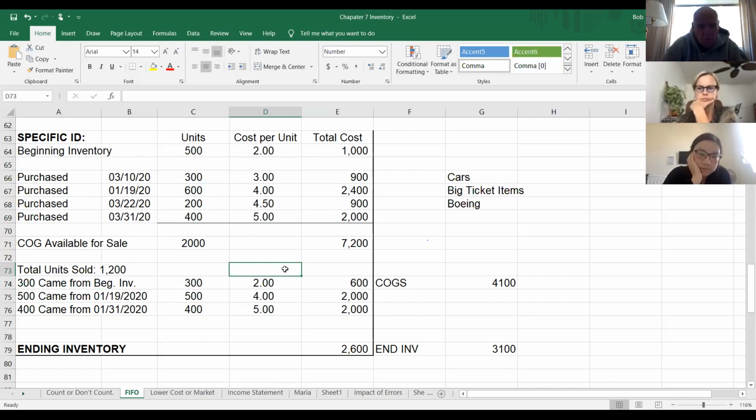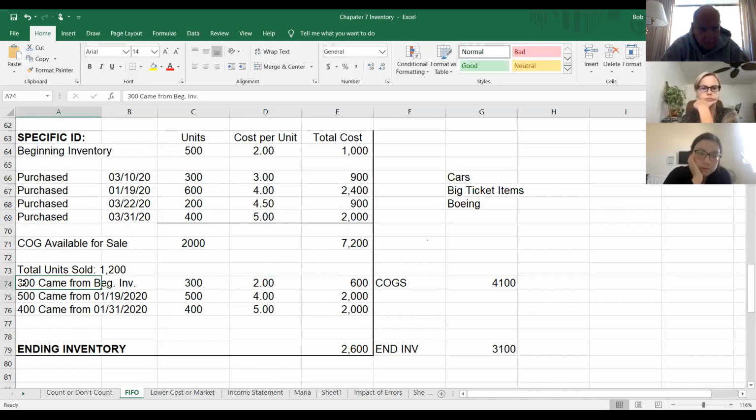Yes. Okay. Specific ID, specific identification. We have to know exactly which cars we sold under this method. So Ford Motor Company, or let's say Perry Lincoln Ford up on Hitchcock there, has to know exactly where their cars came from in terms of their parking lot.